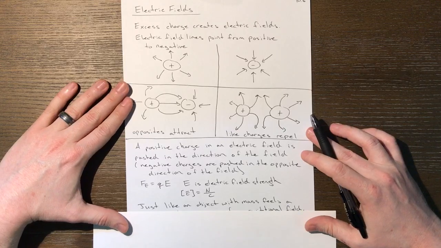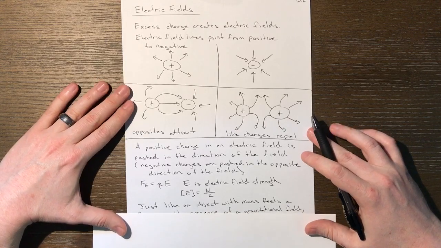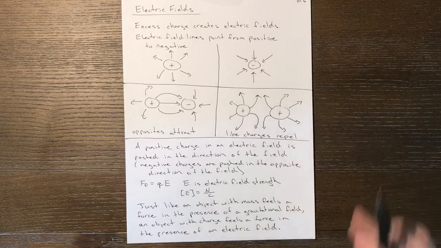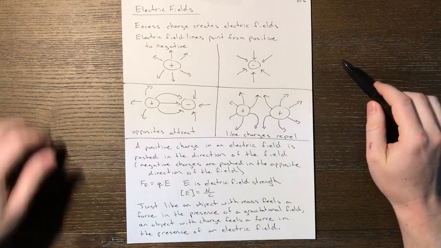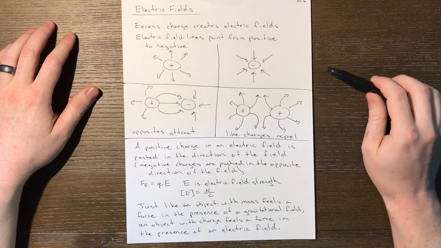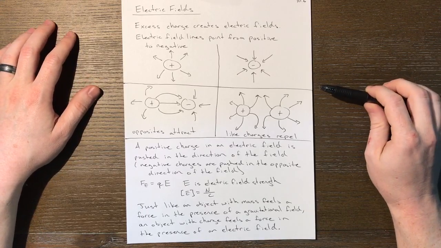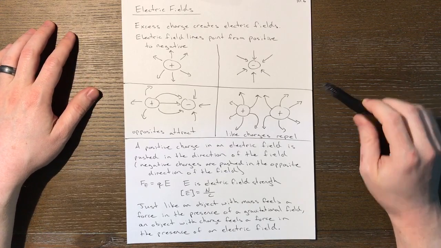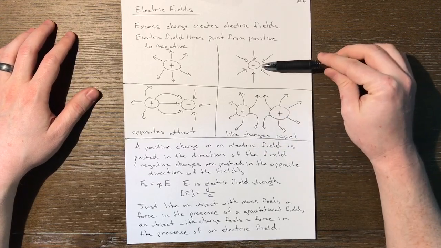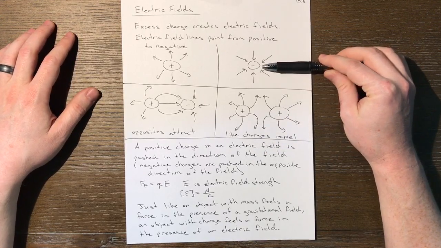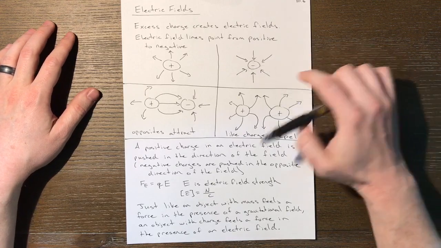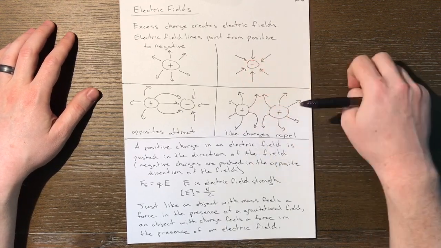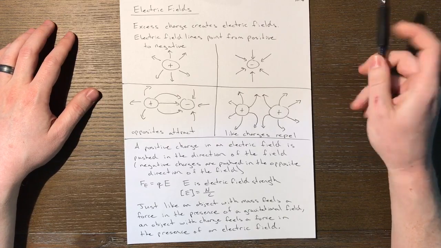And this is very similar, it turns out, to mass in a gravitational field. Just like an object with mass feels a force in the presence of a gravitational field, an object with charge feels a force in the presence of an electric field. Now, if you were to look up at this negative charge electric field diagram, imagine if instead this was just the planet. Well, we can ignore that minus sign for a second.